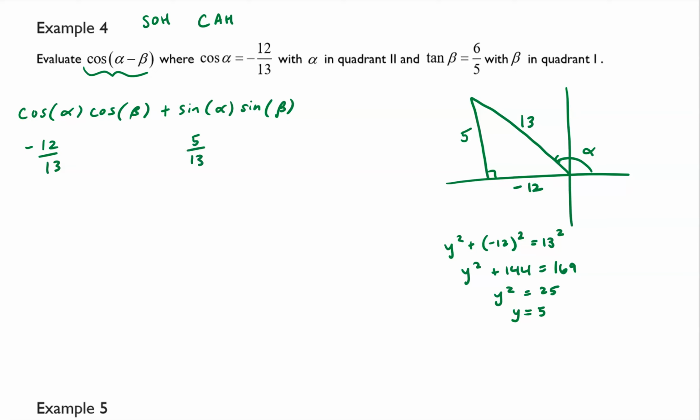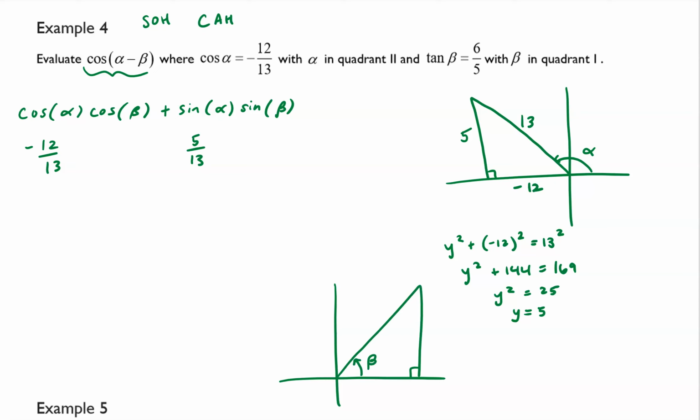And now I'm going to do the same thing, except I'm going to do it for beta. All right, so I know beta is in quadrant 1 this time.